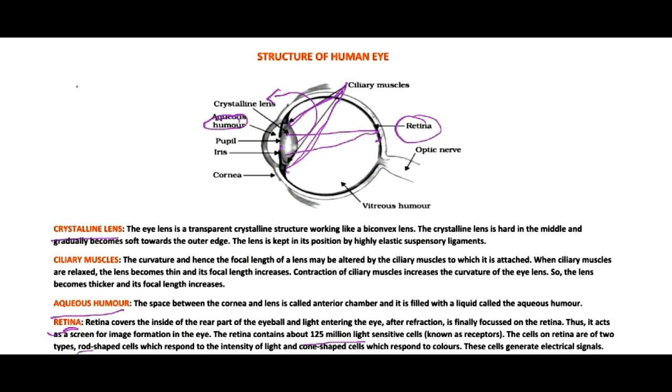First one is rod cells. Second one is known as cone cells. Rod cells are responsible for the intensity of light. And the cone shaped cells are responsible for the colors. And these cells generate electrical signals for the brain.